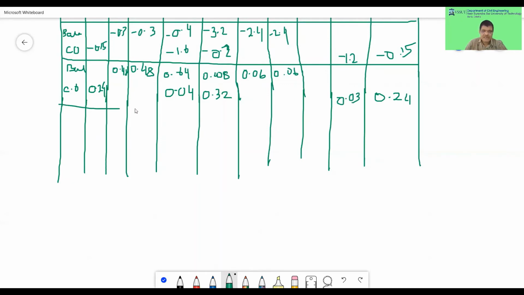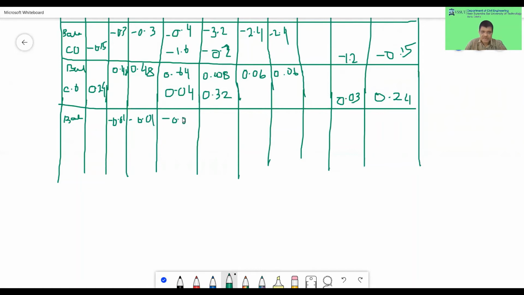Let us go for balance again. Now it is 0.04 here. You can also stop here. After carryover, you make balance and you can stop there, or you can do another cycle where you can complete it. So now balance it. It is 0.04, so if you multiply, it will be minus 0.01, minus 0.01, minus 0.02.